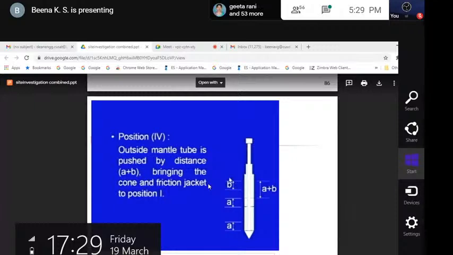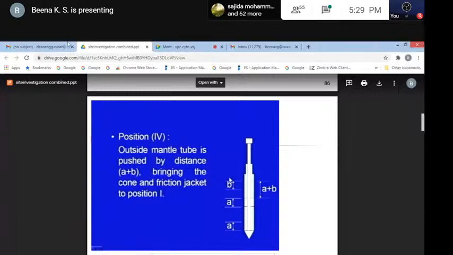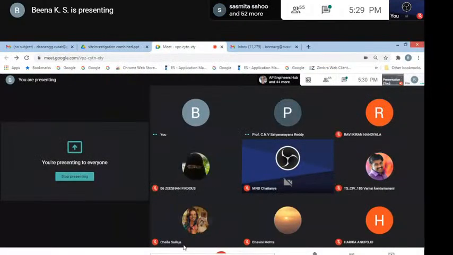From the difference we can calculate the frictional resistance along the surface of the cone. So I think I covered most of the portions which were intended.